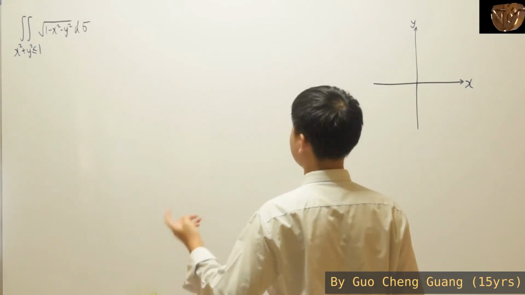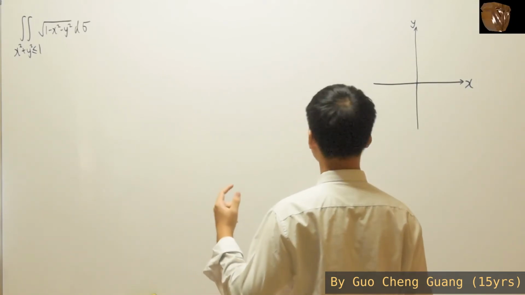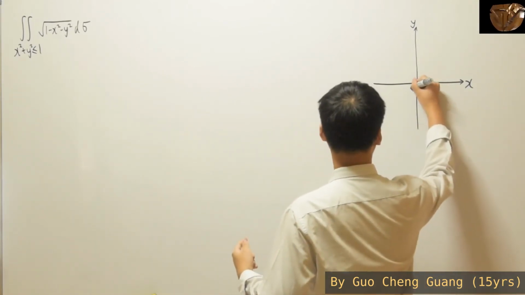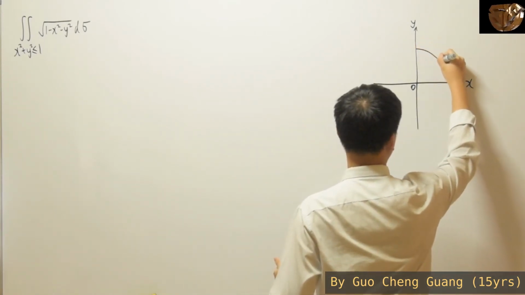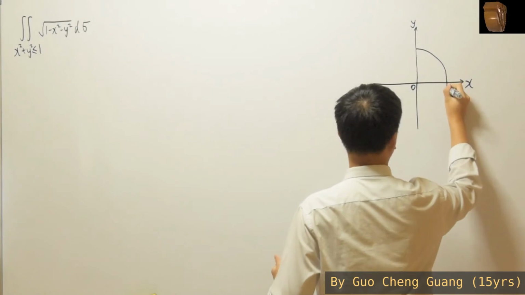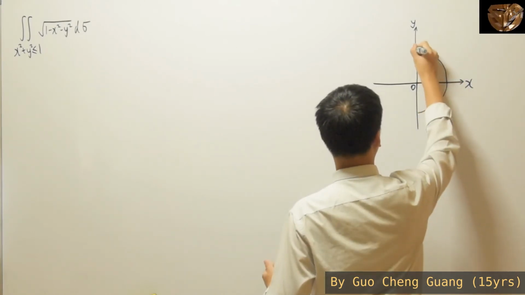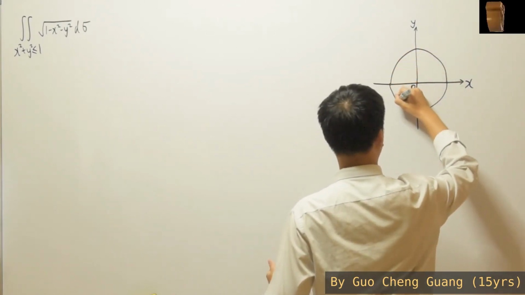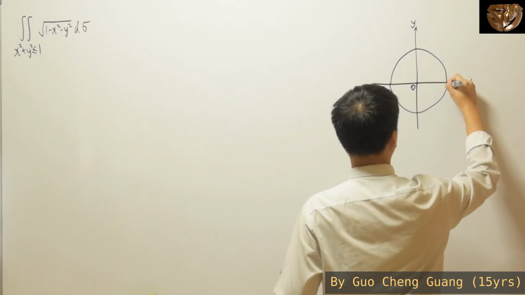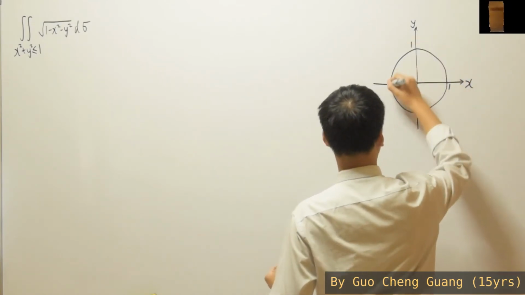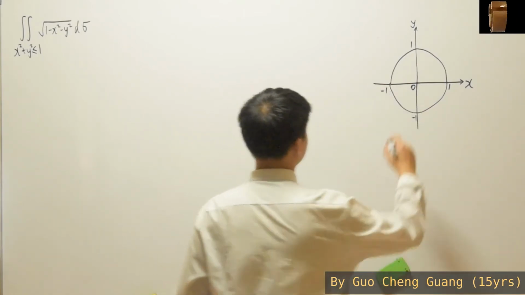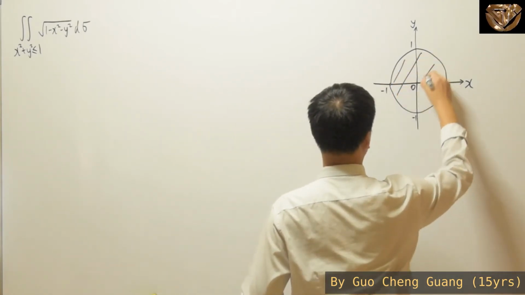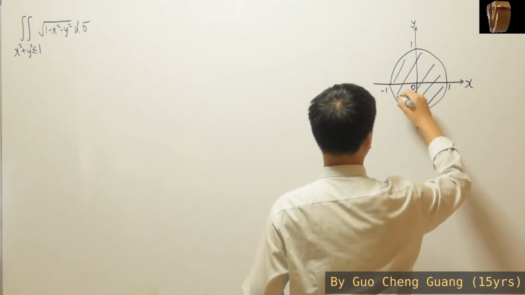That means it is basically a circle centered at the origin with the radius of 1, alright? So here you have 1, 1, negative 1, negative 1, alright? So this is basically the region you have.